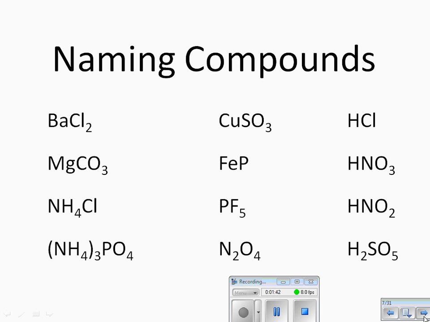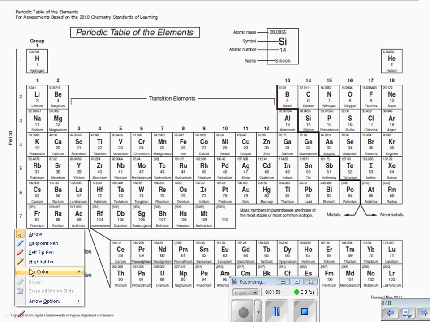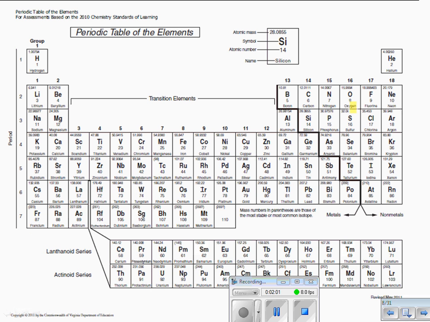So let's go back to this compound, find the nonmetal that it is bonded to, and determine what charge iron would make when it is bonded to that nonmetal. Our nonmetal is phosphorus. And again, if we look on our periodic table, we will find it right here.